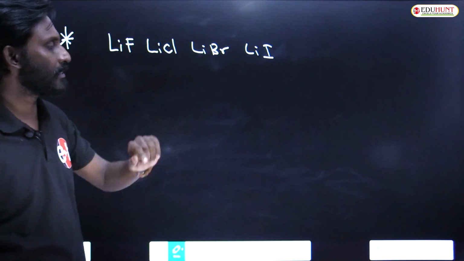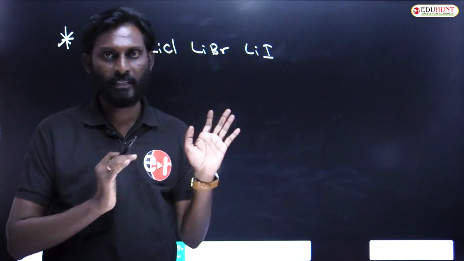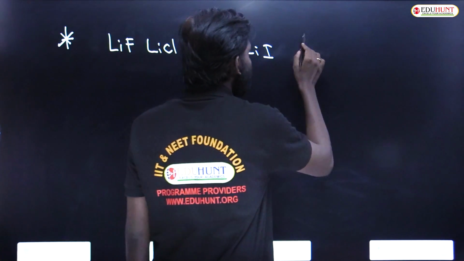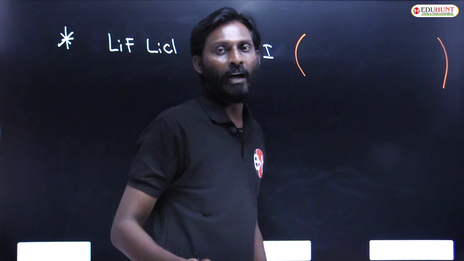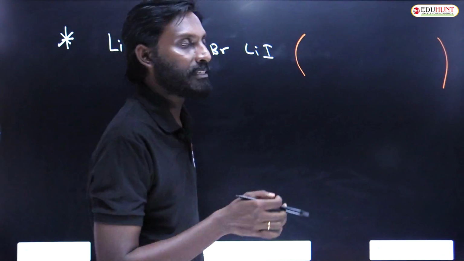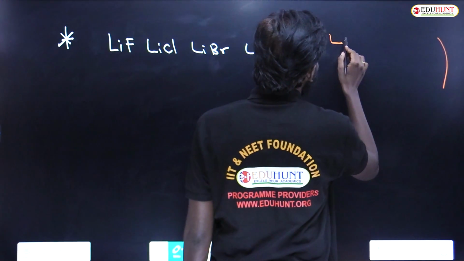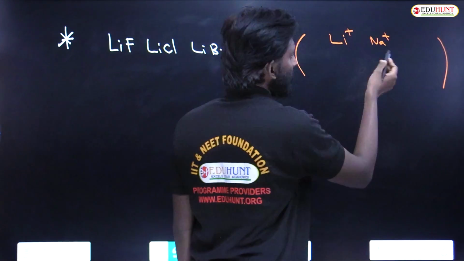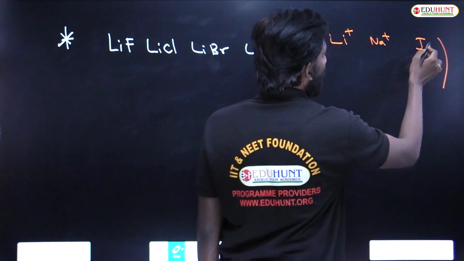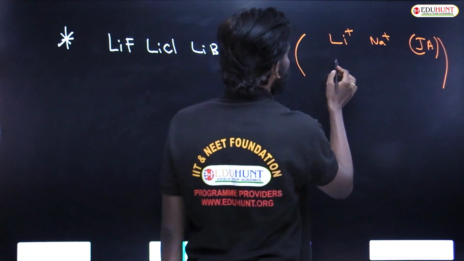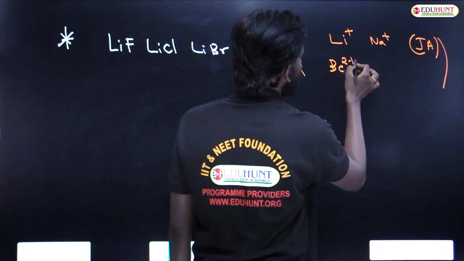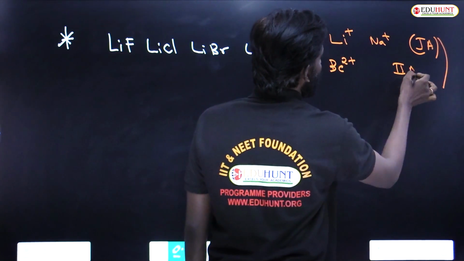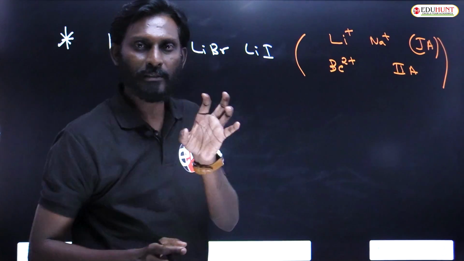In all these examples, the cation is constant, lithium cation, and you have to identify it as a small cation. Generally Li+ cation, Na+ cation from the 1A group, and Be2+ cation from the 2A group, consider these as small cations.